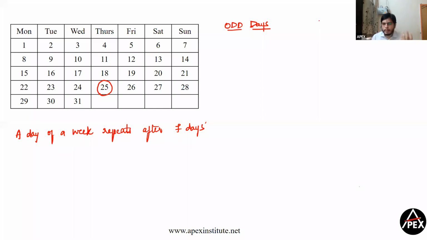We have looked at the calendar and answered this question. But in the exam, you might not have time to write this calendar and determine what day of the week is 25th. Without using a calendar, if we are given Jan 1st, can we determine what day of the week is 25th? How?